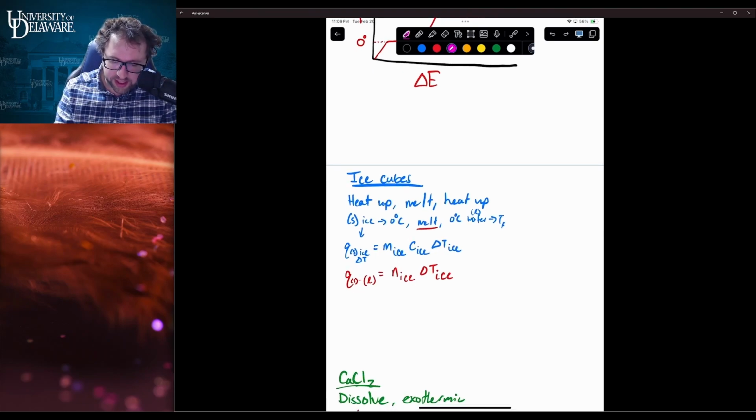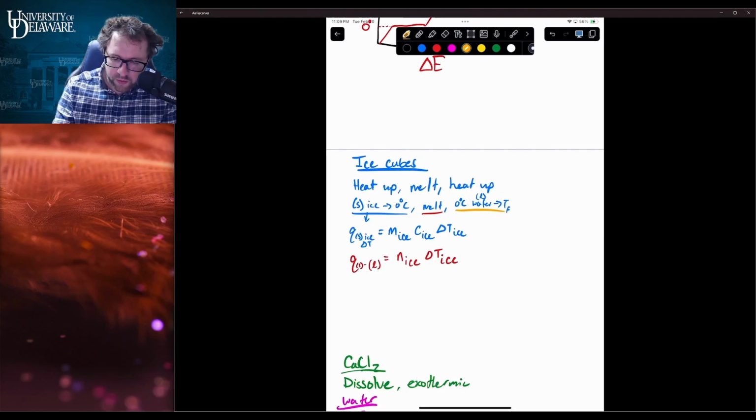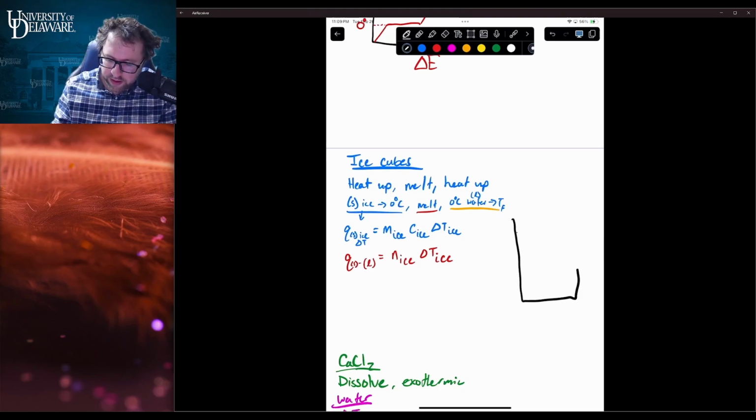And then lastly, what's the color we haven't used yet? Orange. So once this ice melts, let's redraw our cup. We have our initial amount of water on the bottom there, and that's undergoing some kind of temperature change. Those ice cubes that we put on top are going to melt.